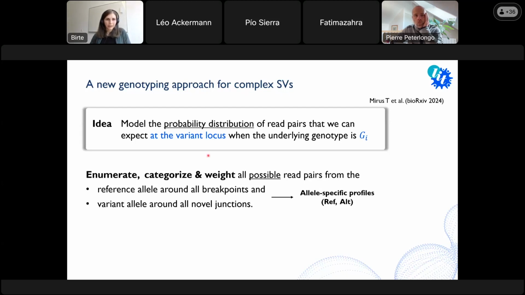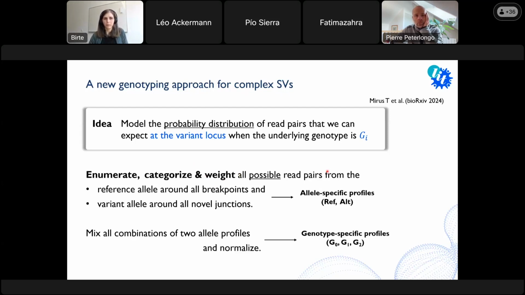Then we weight these read pairs using the insert size distribution. I'll show that in a bit. And once we have the allele-specific profiles, we mix 2 allele profiles into 1 genotype-specific profile and normalize it. And this is then our probability distribution for the genotype.